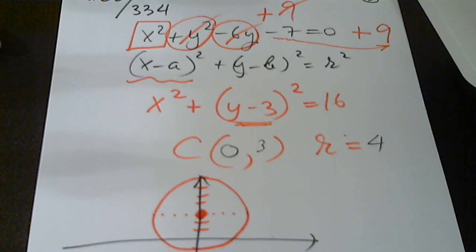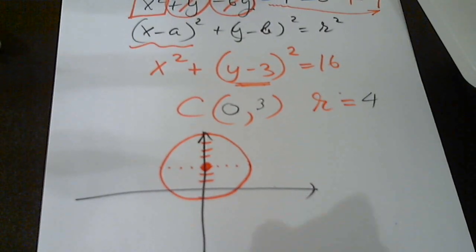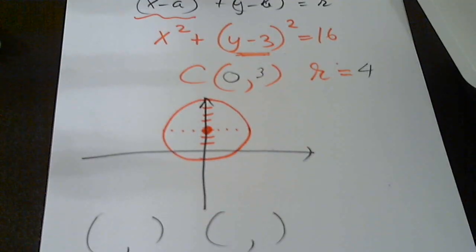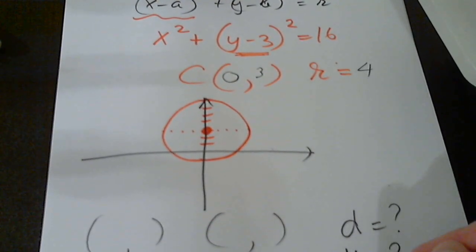I think we had enough about the circle for now. Is that okay? Yes. Can anyone come up with 2 ordered pairs so we can review the distance formula and the midpoint formula?